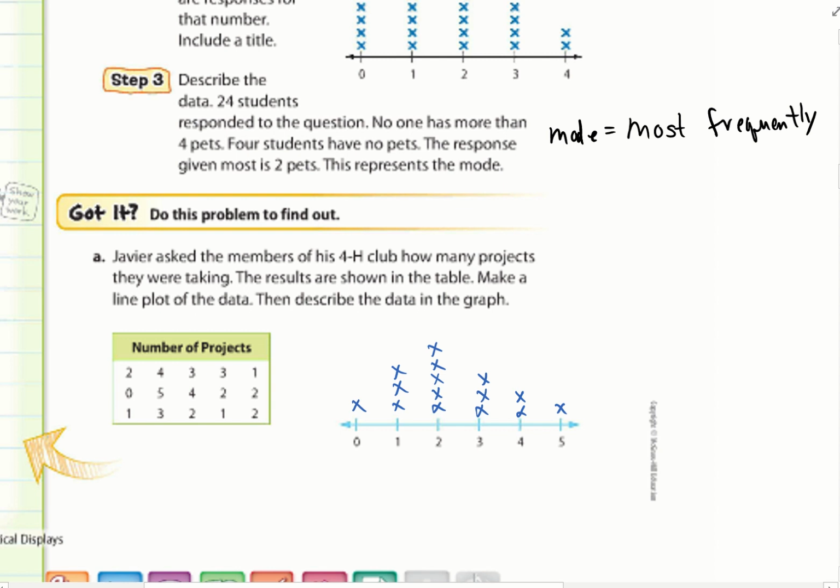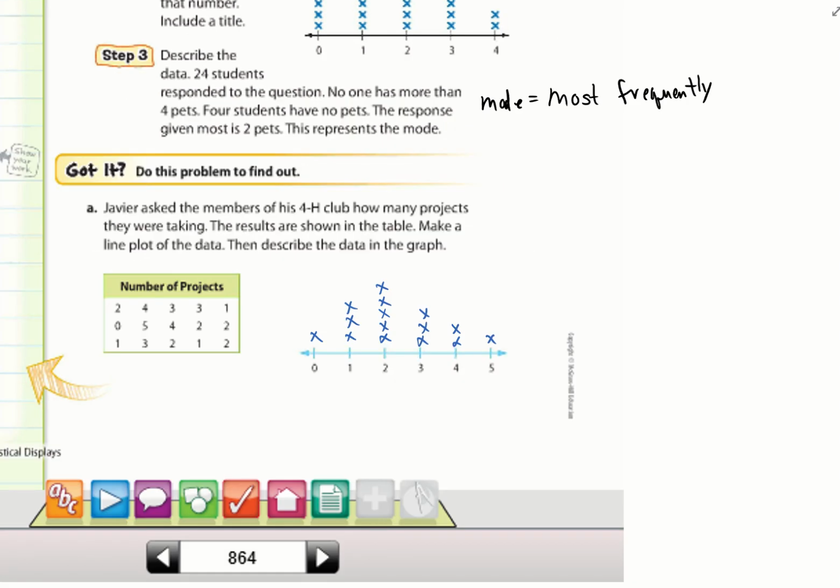So to describe the data, I can say one student has no pets.